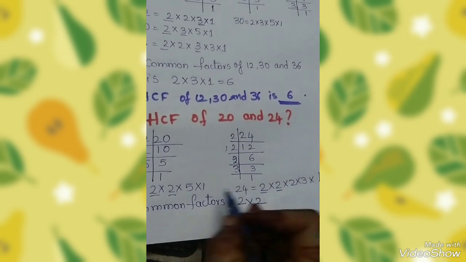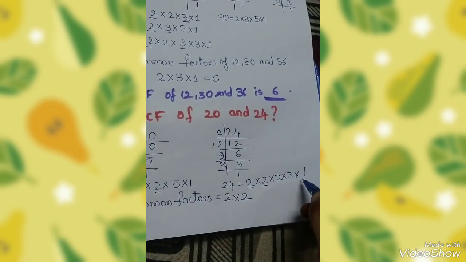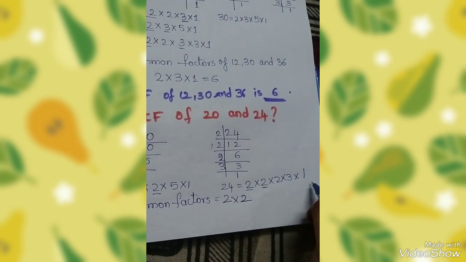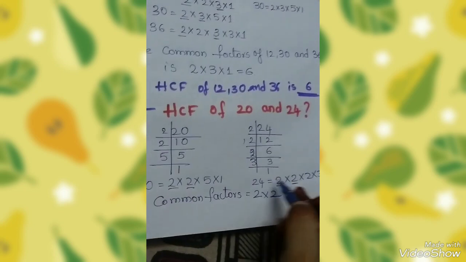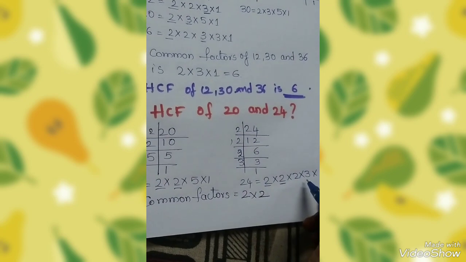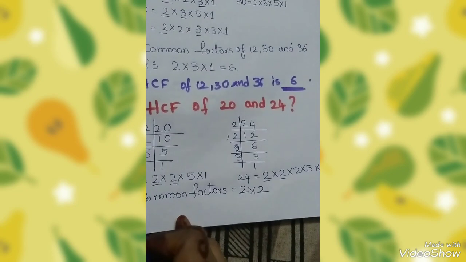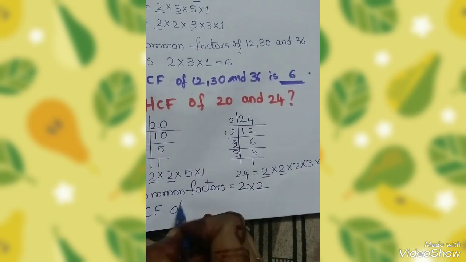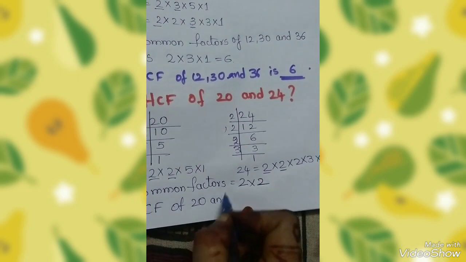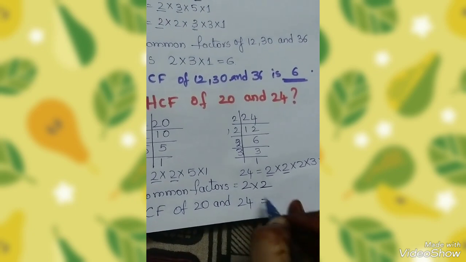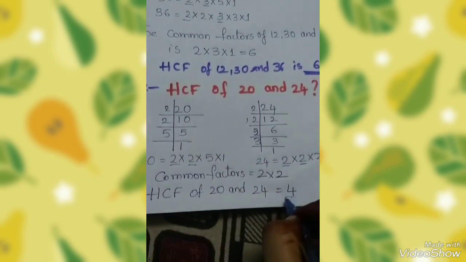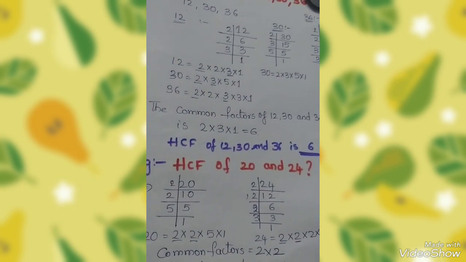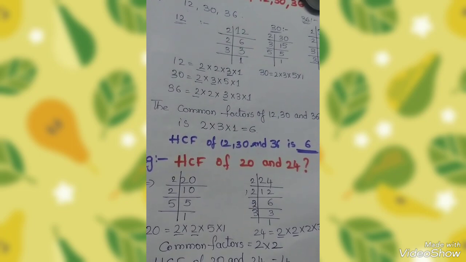Again 5 is there here, but 5 is not there in 24, so 1 is there only, so no more common factor is there. So the HCF of 20 and 24 is the product of common factors, 4, children.